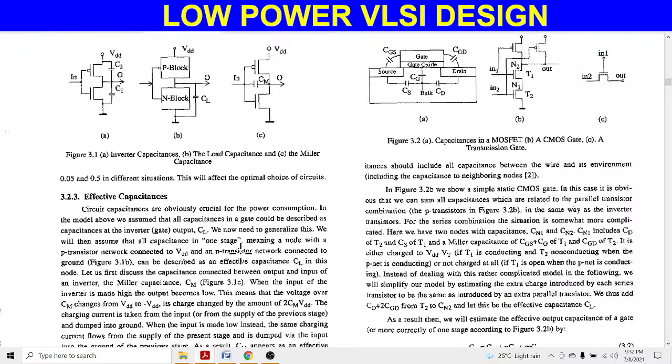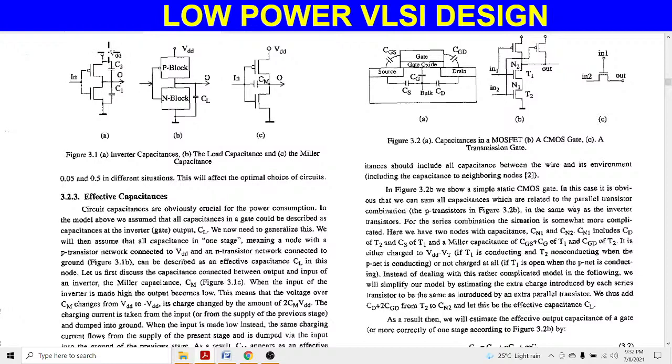If some capacitance is already generated due to charging and discharging, it is represented as body capacitance. Here several capacitances are represented, such as the gate to source capacitance, gate to drain capacitance, gate to gate capacitance, bulk capacitance, source capacitance, etc. These all play a very vital role in power dissipation, because we know that the power dissipation is related to capacitance.